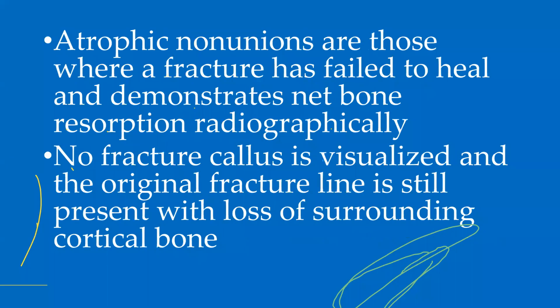What about atrophic non-union? Atrophic non-unions are those where a fracture has failed to heal and demonstrates net bone resorption radiographically. No fracture callus is visualized, and the original fracture line is still present with loss of surrounding cortical bone.